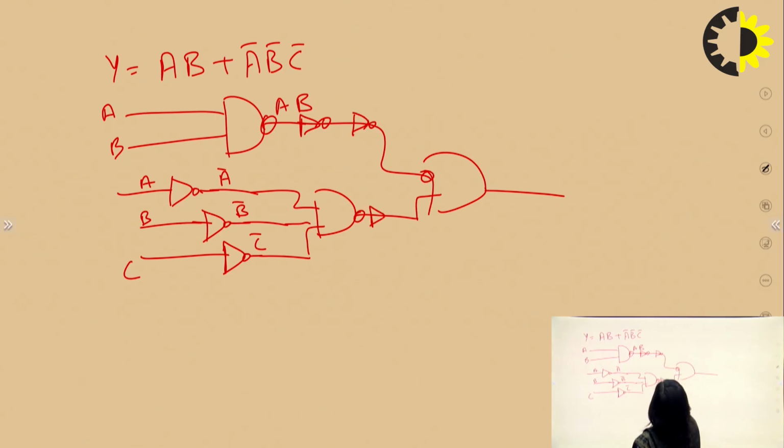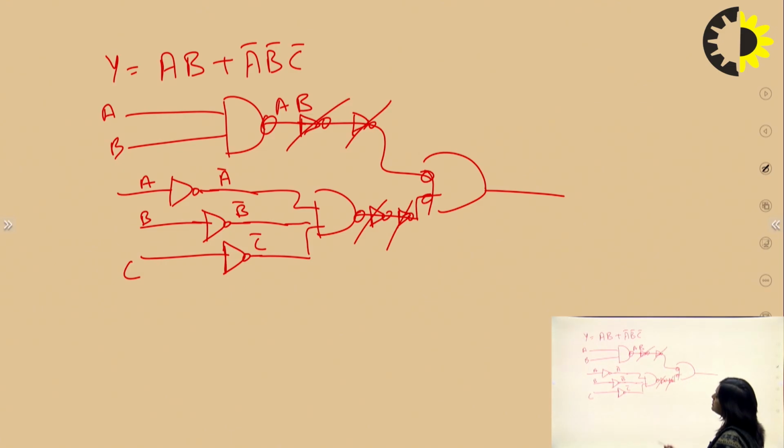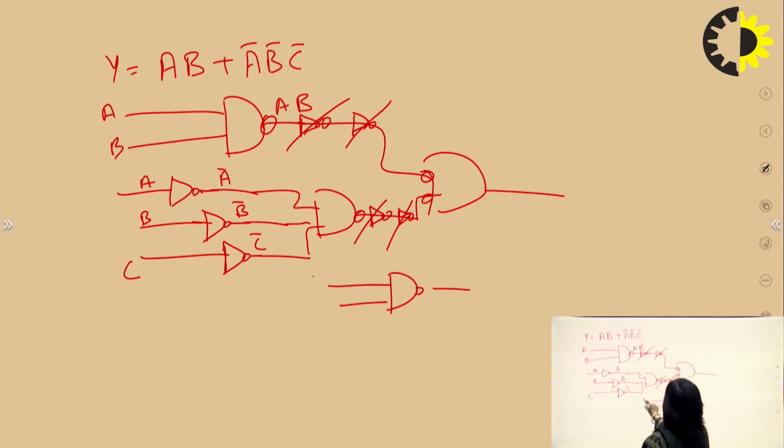Like in this way. Now this will be cancel out. So now redraw this circuit by replacing all these gates with the NAND gate.